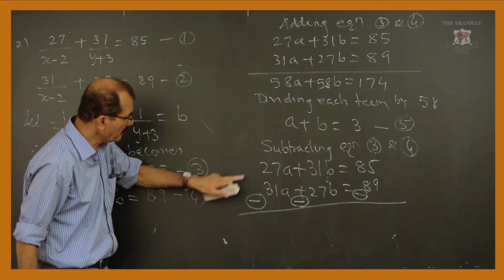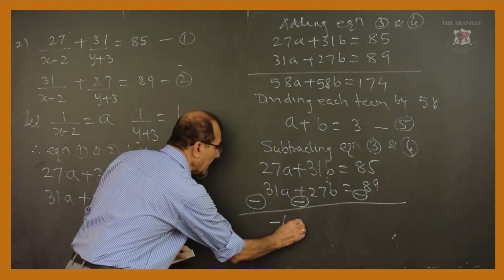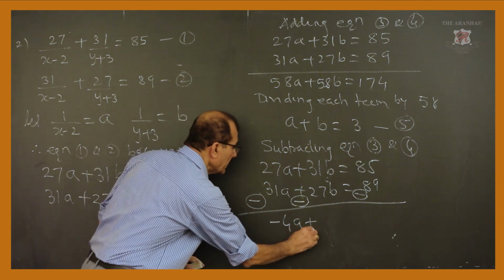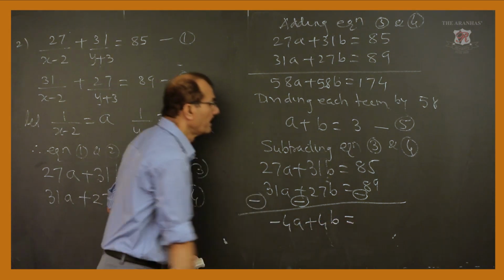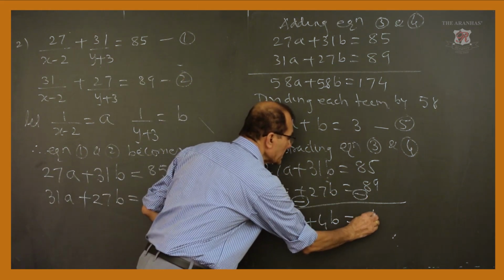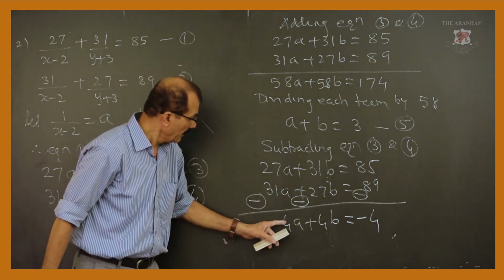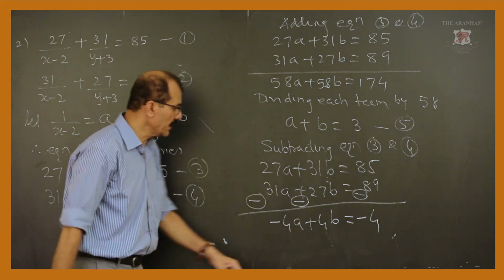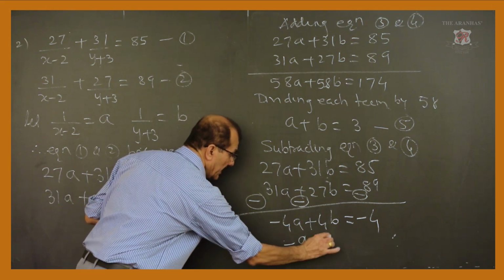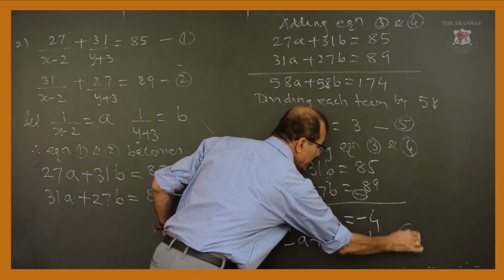Now, 27 minus 31 gives me minus 4a, plus 31 minus 27 gives me plus 4b, and here 85 minus 89 gives me minus 4. So, dividing each term by 4, I will get minus a plus b is equals to minus 1. This is my equation number 6.